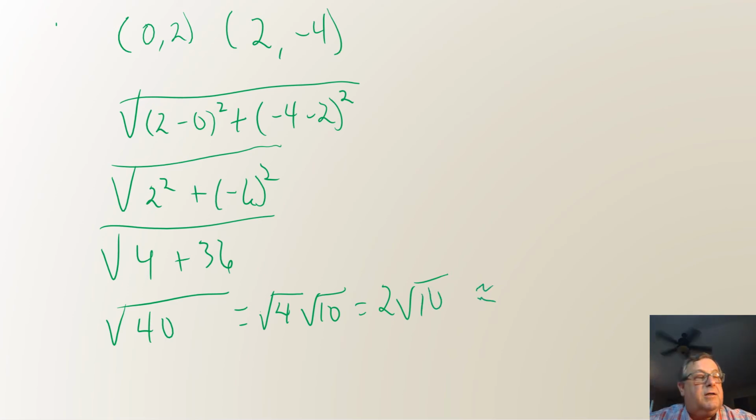Or we could just take the square root of 40, and let's see approximately what that is. Square root of 40 is 6.32 approximately. Woo! Okay, there we go.